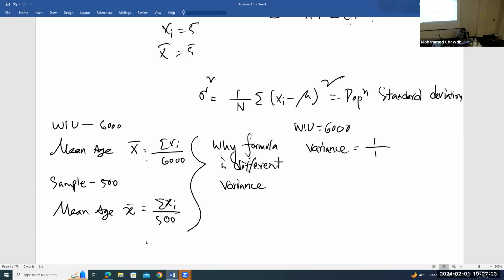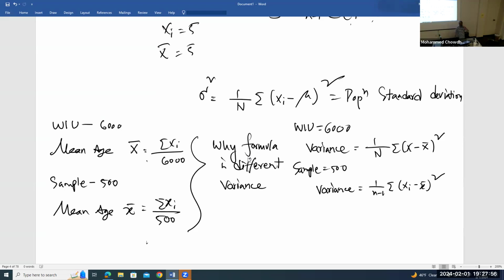So the formula is 1 over n, sum of xi minus this capital X bar, squared. Now I want to take a sample of 500, and the variance of the sample is 1 over n minus 1, sum of xi minus this small x bar, squared. Why this?